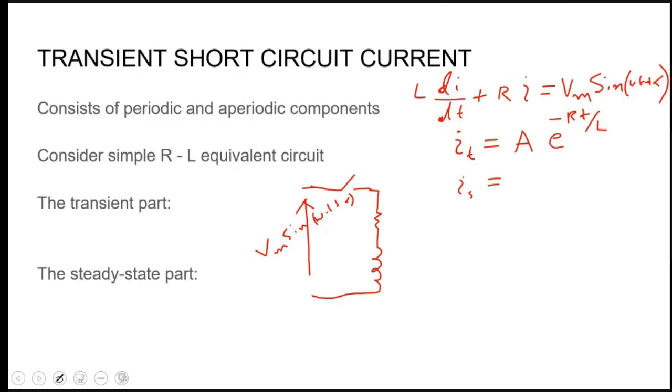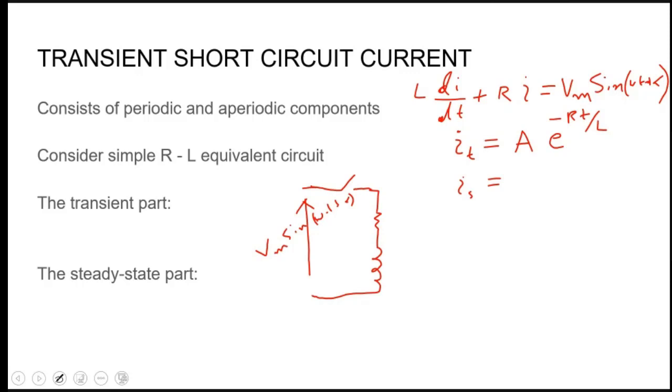When a short circuit occurs, the voltage Vm sin omega t plus alpha is already there in the transformer. Now, suddenly it is grounded. So in that case, what kind of transient will be generated? It depends on the initial conditions.